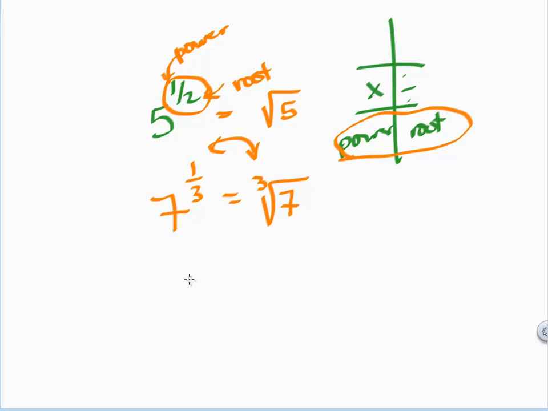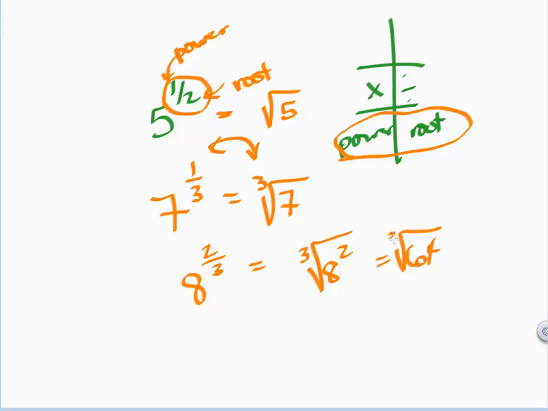Okay, and then let's do one more. Let's take 8 and go to the 2/3 power. So we have a fraction other than 1. So we're actually raising it to something other than 1 and taking a root other than 1. Well, I can either say that this is 8 squared, then cubed root. So 8 squared is 64.